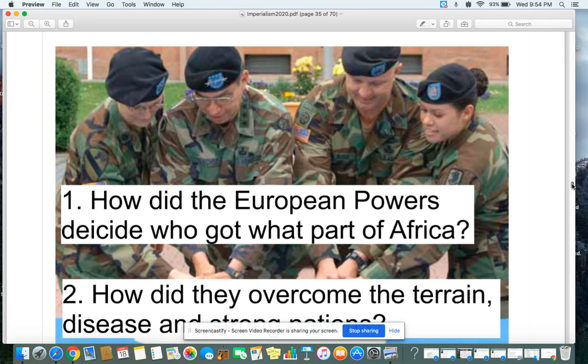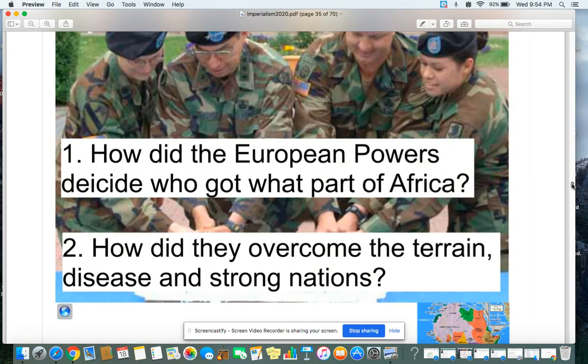They get almost every single piece of it. How did that happen, considering for hundreds of years, thousands of years, Europe could not really get into the heart of Africa? How did they overcome the terrain, disease, and strong nations? That's going to be the primary focus of today.